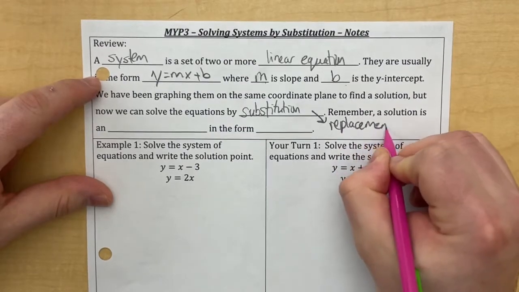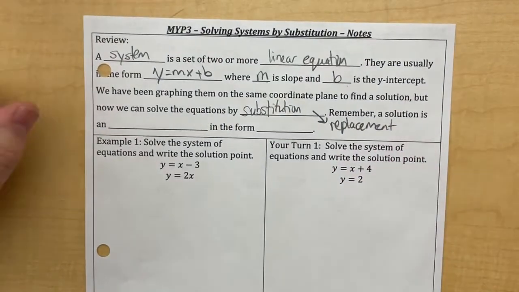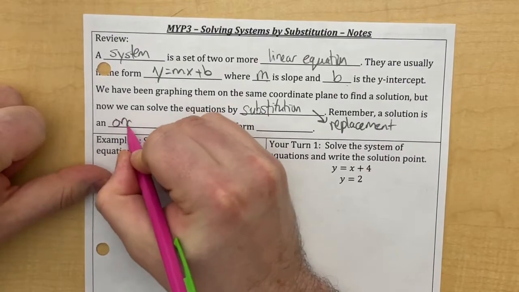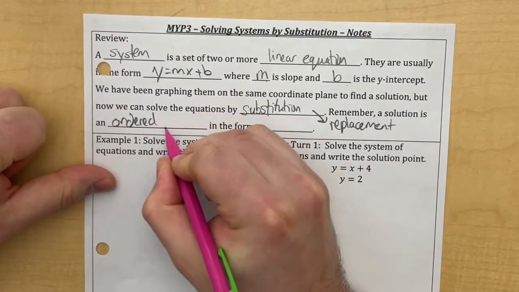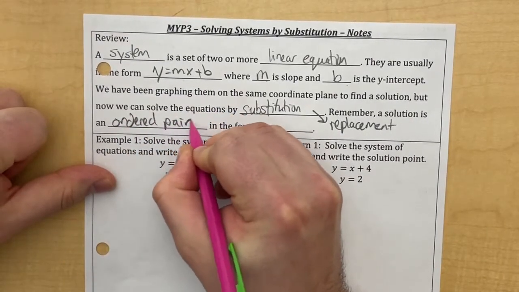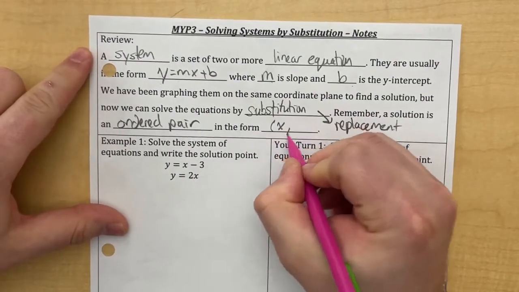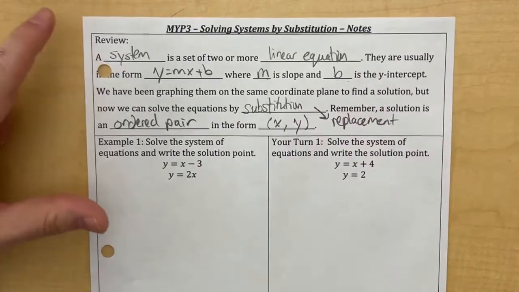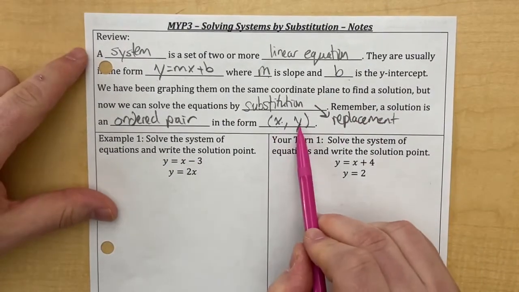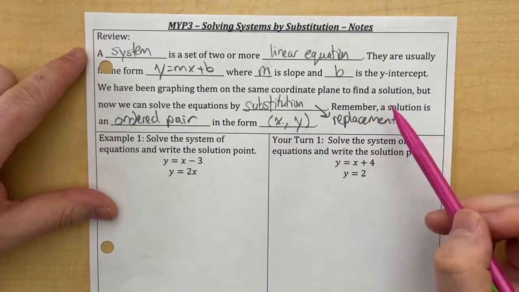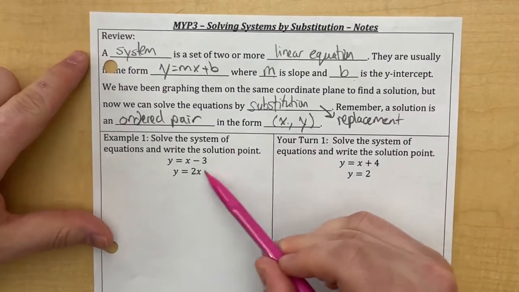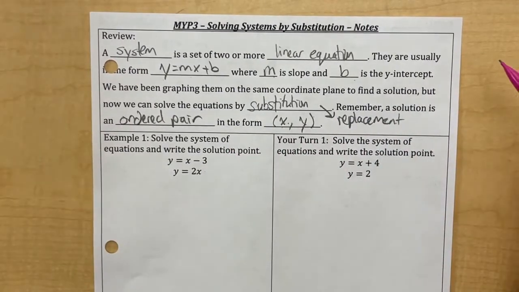Again, remember, a solution is an ordered pair. I think a lot of people are struggling with this because they're not understanding what that means, and that's in the form of an x value and a y value. So you need both of these to have an ordered pair, and that's where both of these equations are equal.